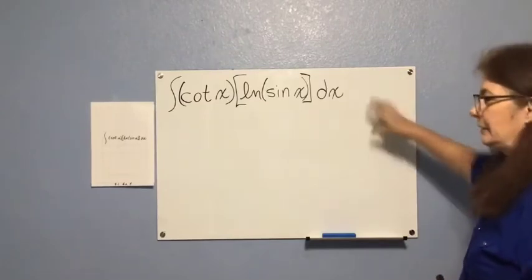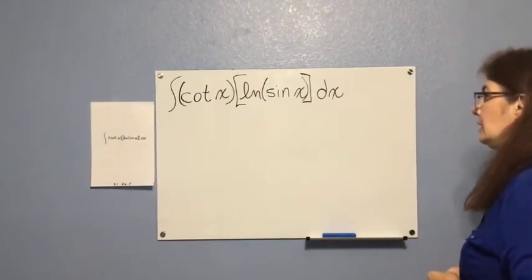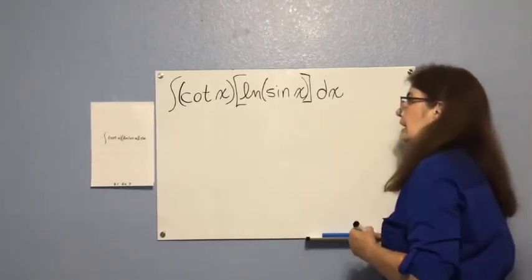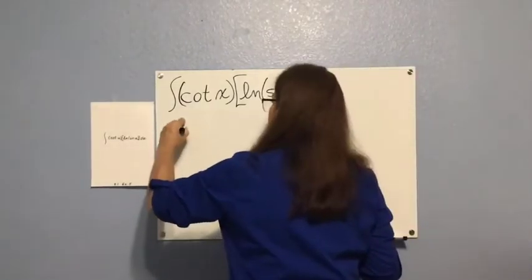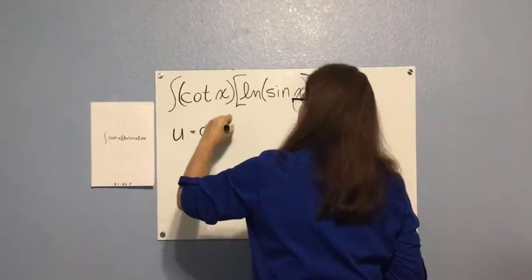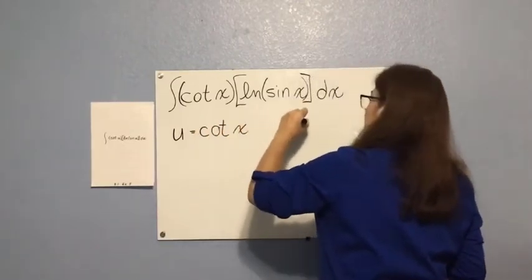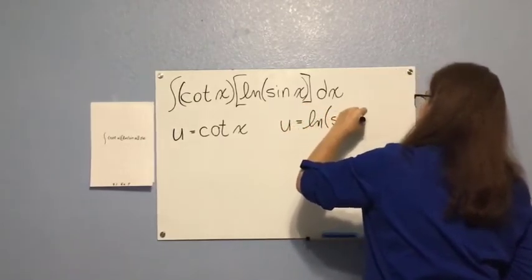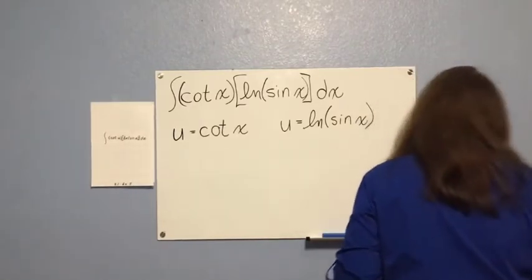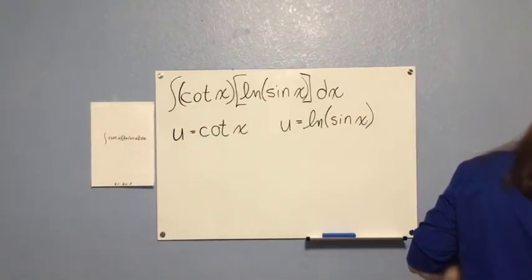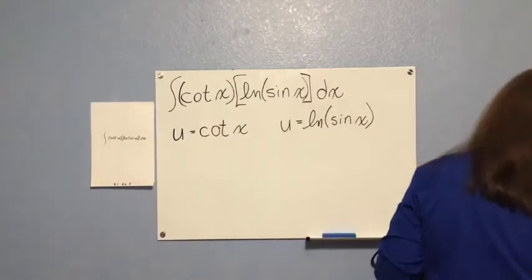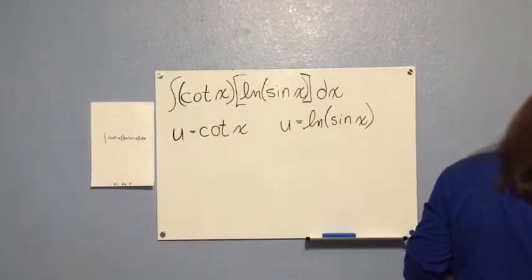Okay, and again, the approach is not real obvious here, but what I can do is look at doing a u substitution, and my two choices were either u is equal to cotangent of x or u is equal to natural log of sine x.